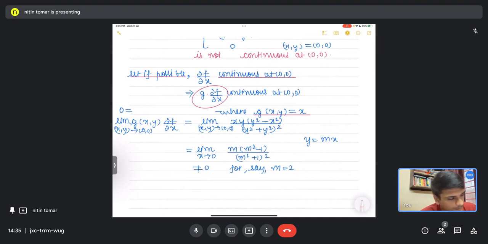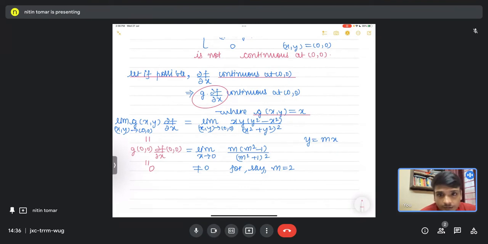Why? Because if it is continuous at 0 0, then the limit of g times del f by del x as x y goes to 0 0 should be g of 0 0 times del f by del x at 0 comma 0, which is 0, right?